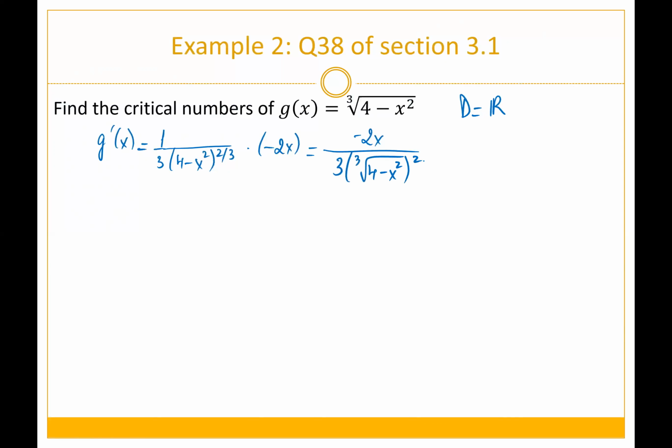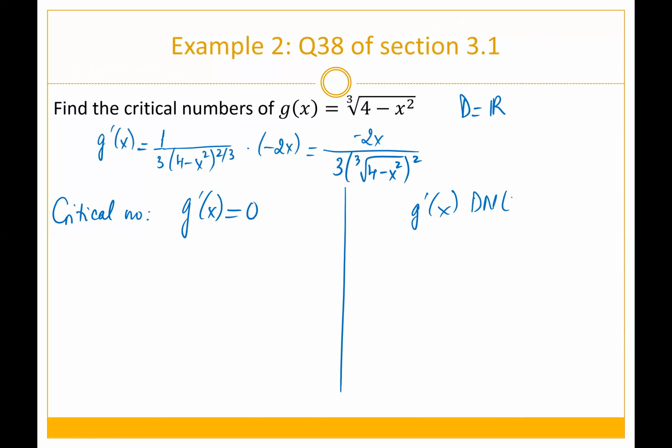Now, when you find critical numbers, you have to do two things. You set g prime of x equal to 0, and you find where g prime of x does not exist. When it's equal to 0, x is equal to 0. That's when the numerator equals 0 and the denominator is different than 0, and obviously when x equals 0, the denominator is different than 0. So that works.